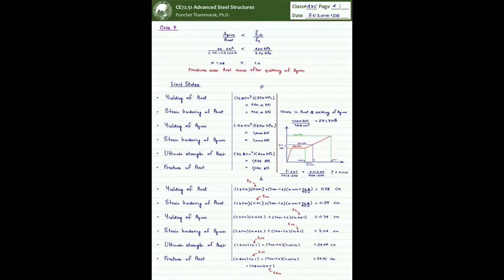Okay. And then yielding of A gross just goes to 3.